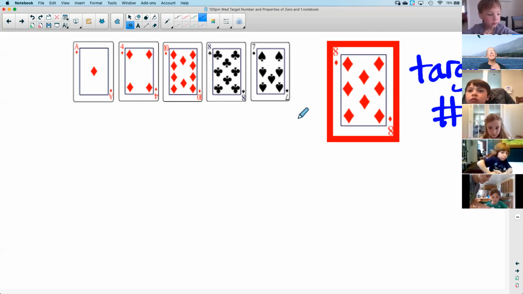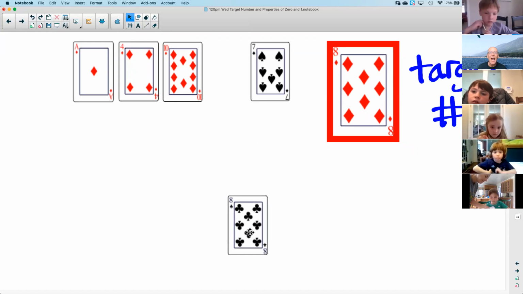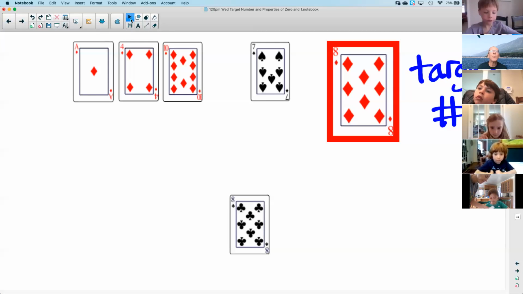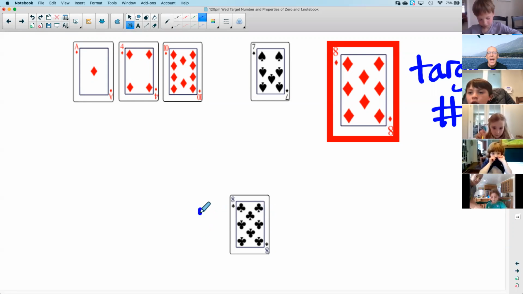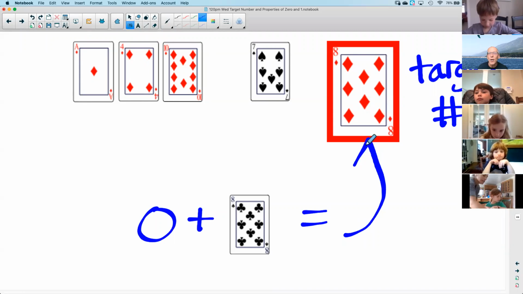Now, let's think about it. Wait a minute, Mr. Kramer, we have an 8 in our deck. So what if we were able to add 0 to 8? Would we get our target number?